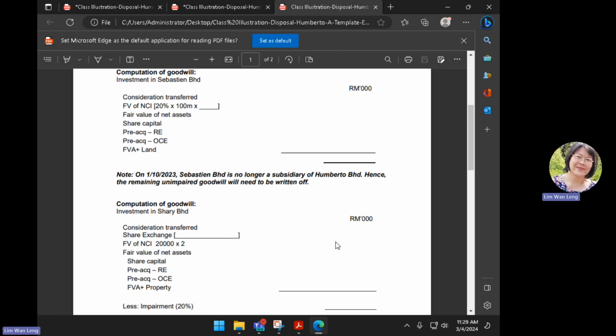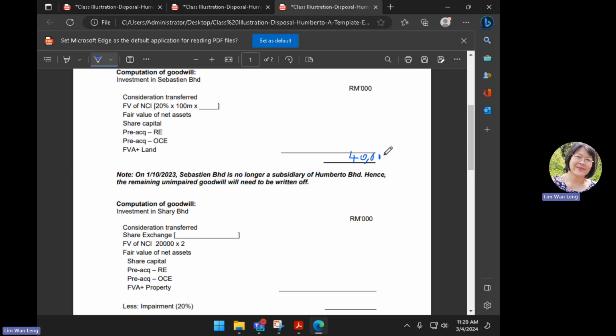Okay, computation of the goodwill, you shouldn't have much of an issue. Can you tell me how much is the goodwill in the investment in Sebastian? What is this figure? 40 million, because got the 000 here.